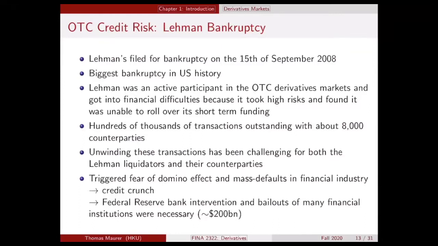Now, if we compare that to exchange traded derivatives, let's suppose Lehman Brothers would enter all their positions with an exchange, well then there would have been much more security, because the exchange would have asked Lehman Brothers to always put down enough money with the exchange to make sure that all the counterparty risk is offset.